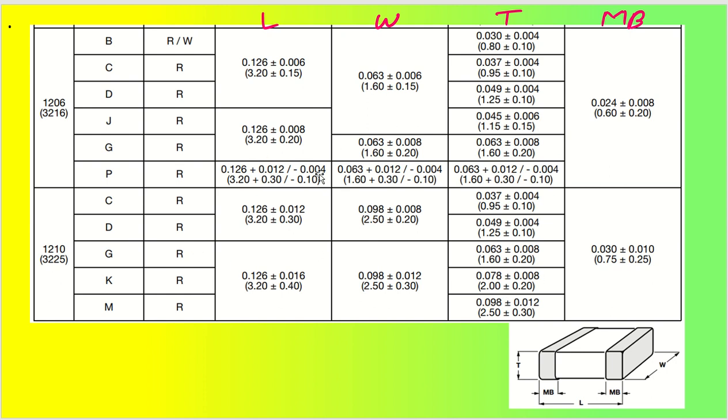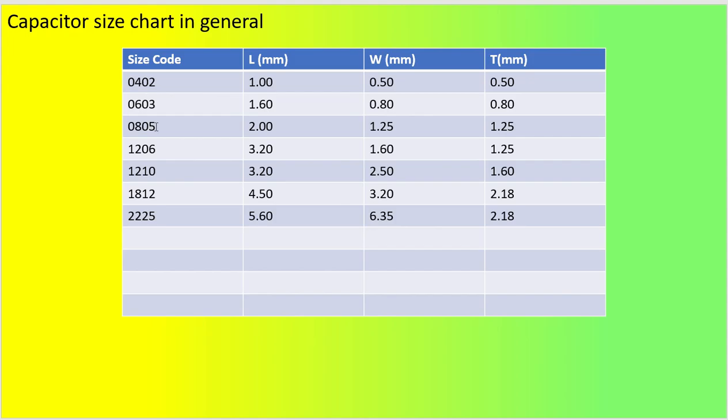However, it may seem a bit complicated here, because it is given with tolerance as well. So we'll see the nominal values in a table. This is the list I have prepared for you. The 0402 size is 1 mm by 0.5 mm by 0.5 mm. Similar values are there for the others, and these are all nominal values. They may vary a little based on the different specifications of a capacitor within the same manufacturer, as well as from manufacturer to manufacturer.